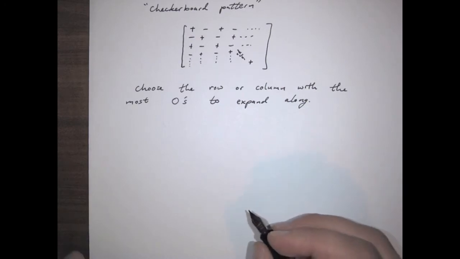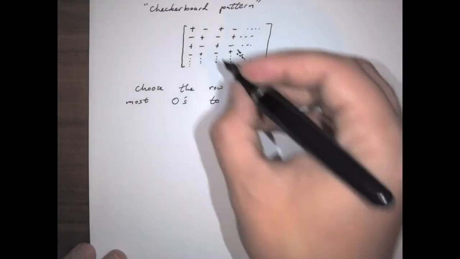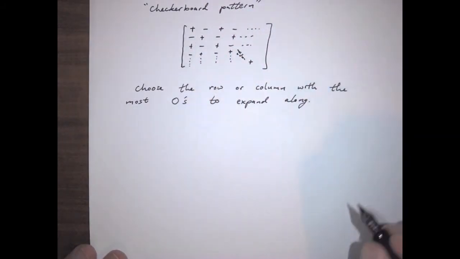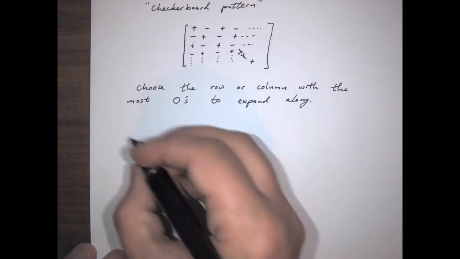And then it's just going to be the entry of that times the determinant of the submatrix that you're creating.